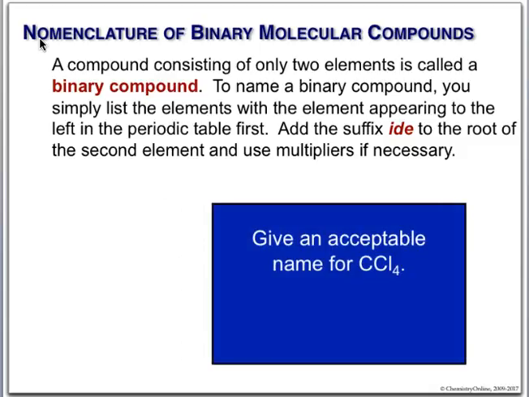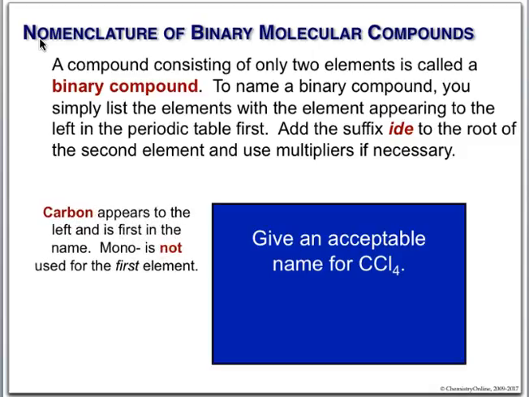Carbon with 4 chlorines. What are we going to name this? It's a molecular compound. They're both nonmetals. Our first word is simply going to be our first element, and that is carbon.